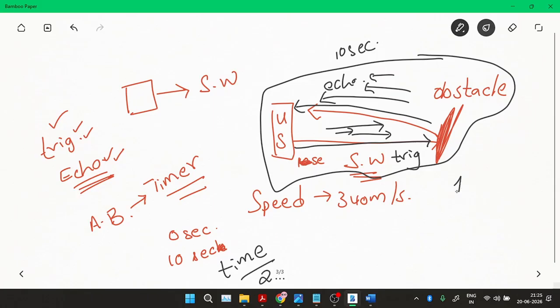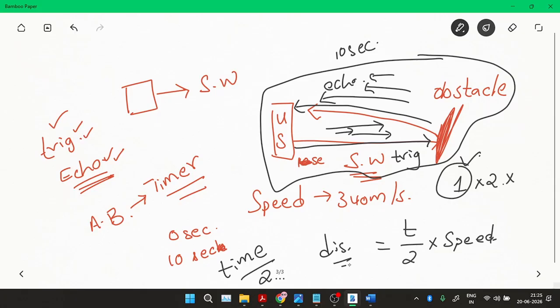I need only one, not two. So I note the time using counters or timers, divide it by 2 and multiply it with the speed. This gives me the required distance. That's the working of the ultrasonic sensor.